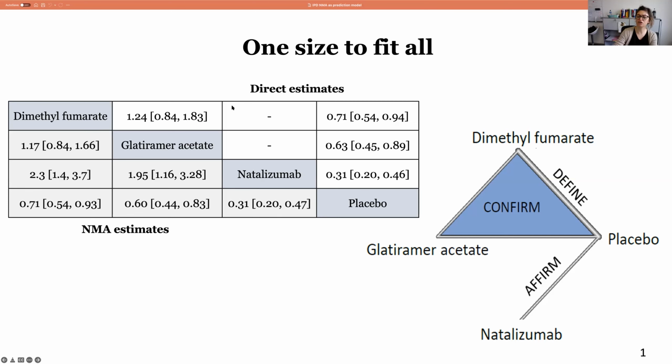On the upper triangle, I have put for comparison the direct estimates from the data directly comparing pairs of treatments. But these are the estimates one will get for the effect of treatments if one assumes that all patients will benefit the same from each one of the involved treatments.